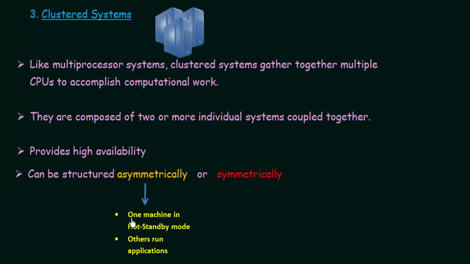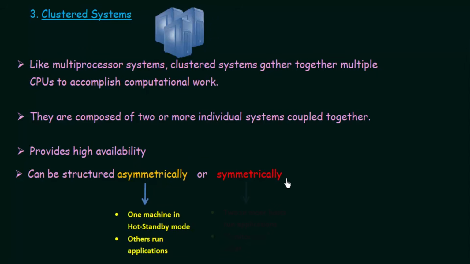So even here one machine is in hot standby mode. That is like the master, and then the other systems run the applications. This machine in hot standby mode monitors the other systems which are running, and if one of them fails, this machine in hot standby mode will take its place. So one is monitoring and the rest of them are running.